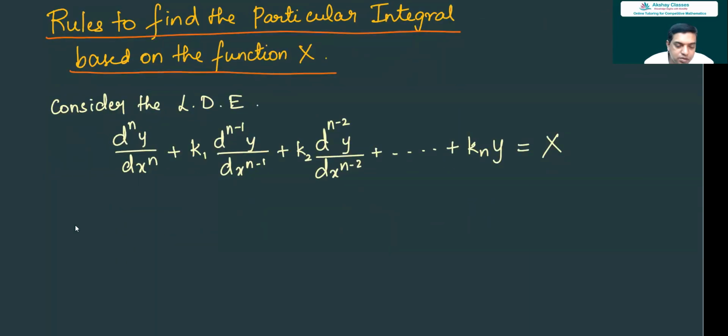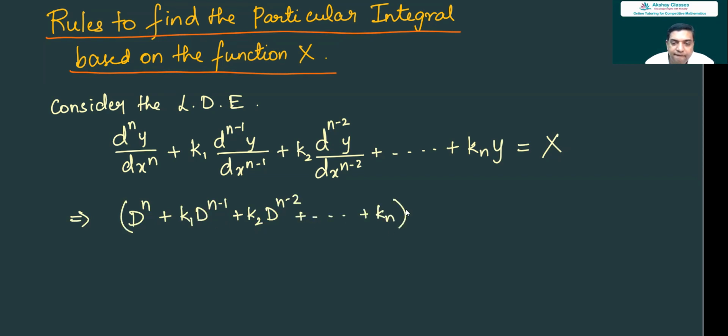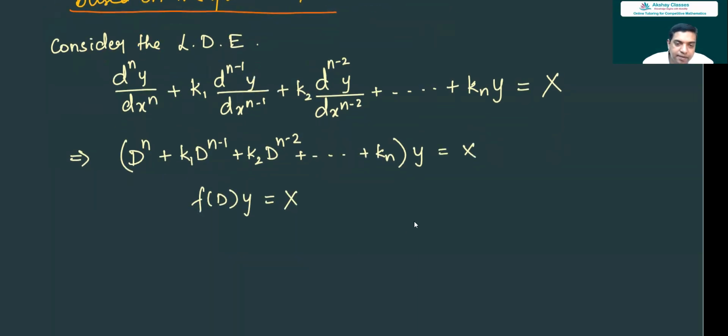So this is nothing but d power n plus k1 d power n minus 1 plus k2 d power n minus 2 plus kn times y equal to x. So this is f of d times y is equal to x. So now, therefore, y is equal to 1 by f of d times x is the particular integral.